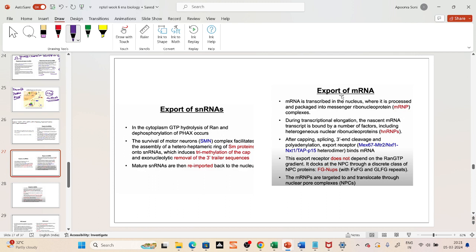Again, export of mRNA: how are they exported? Again it will bind to some kinds of factors. And the important thing about mRNA is that till now whatever export we have studied was happening in a Ran GTP dependent manner. But when we talk about mRNA, that mRNA export does not depend on Ran GTP.